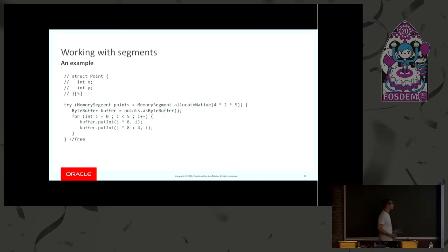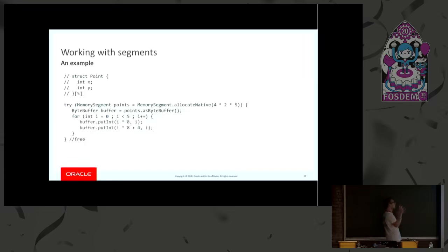So the way you work with a segment, as I said, you don't need to do an awful lot. You can just allocate your segment of the right size. So here, if we want to allocate a segment that is big enough to contain our struct point array, we have to do a little bit of computation. There are 4 bytes for each int, there are 2 ints for each point, and then there are 5 points in the array.